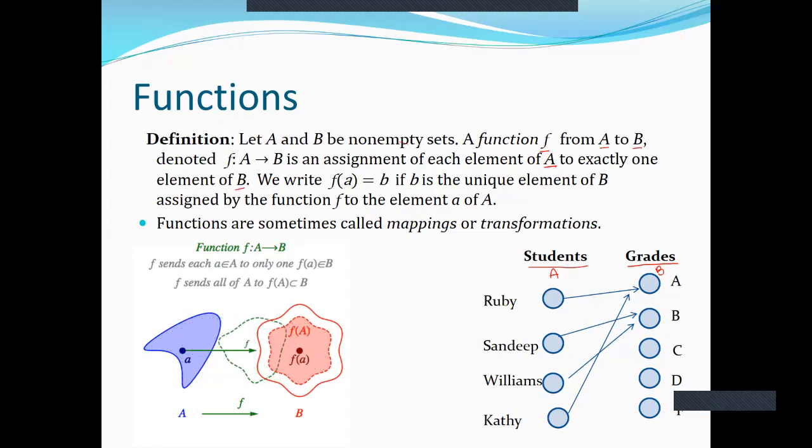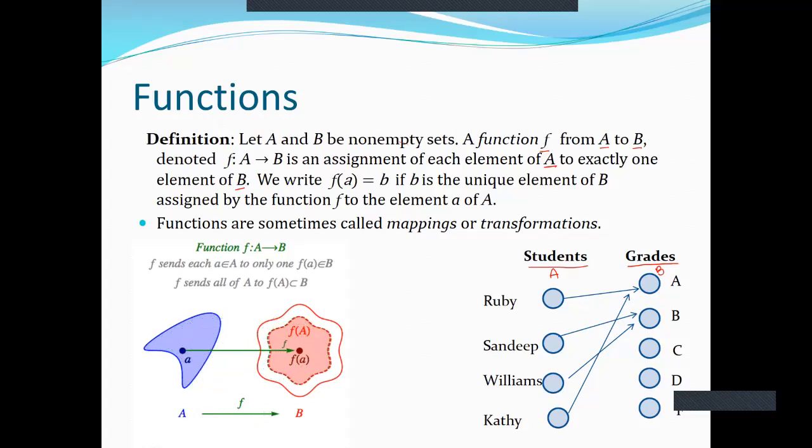So what does it mean? We have two non-empty sets, and we want to assign each element of set A to exactly one element of set B. For example, here with the students, we have assigned one element of set B, that is A, to one element of set A, that is Ruby.